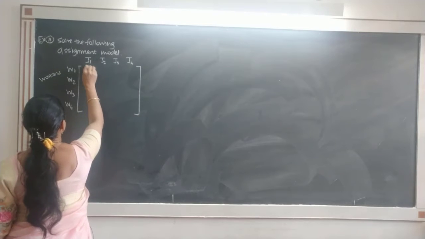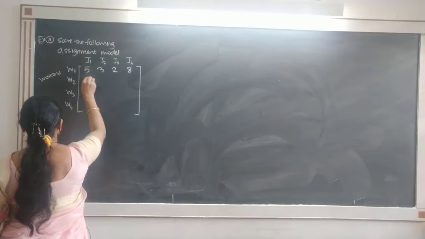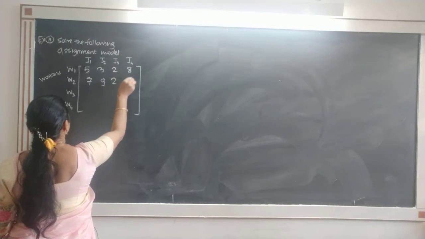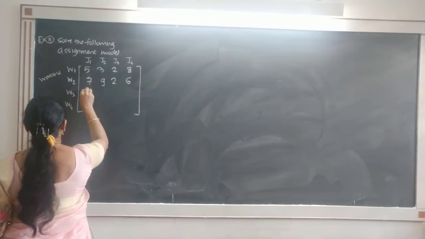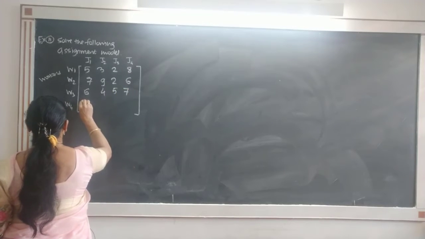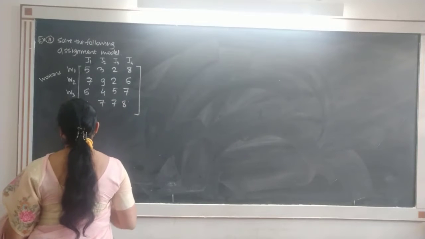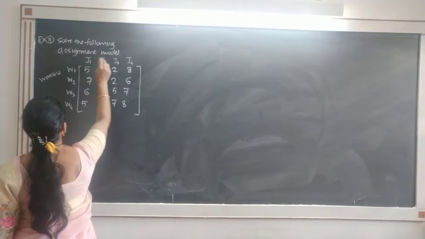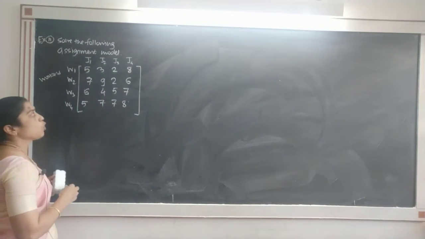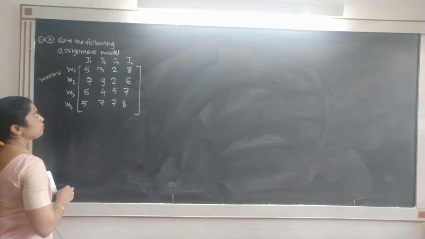The cost matrix is 5, 3, 2, 8, 7, 9, 2, 6, 6, 4, 5, 7 and 5, 7, 7, 8. So we want to assign the workers to jobs so that the cost will be minimized.